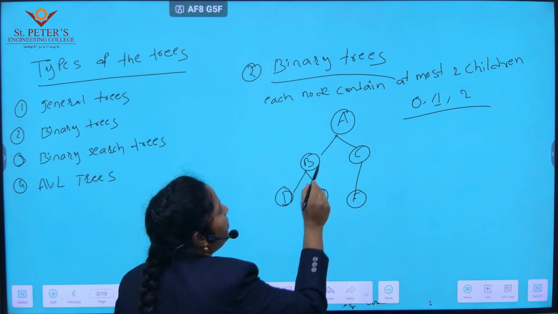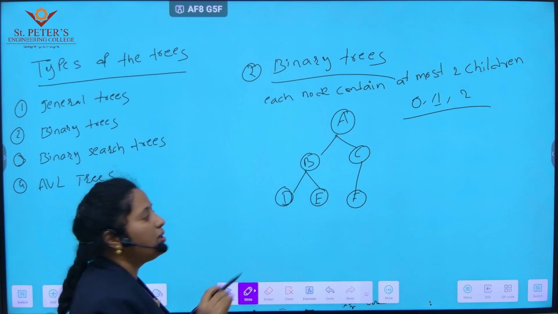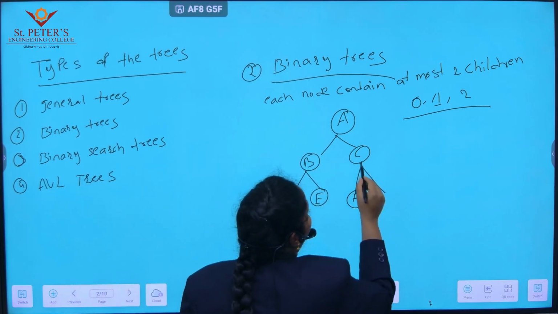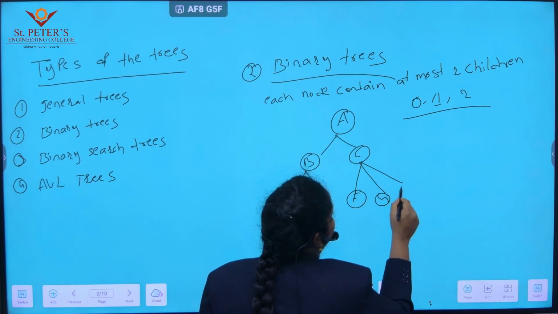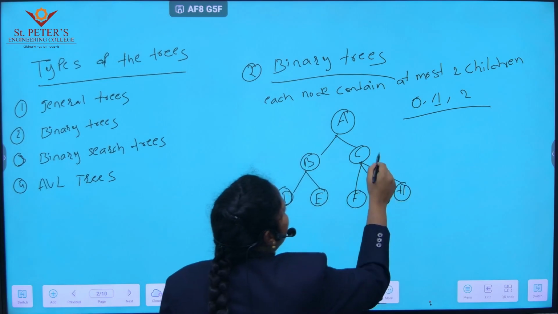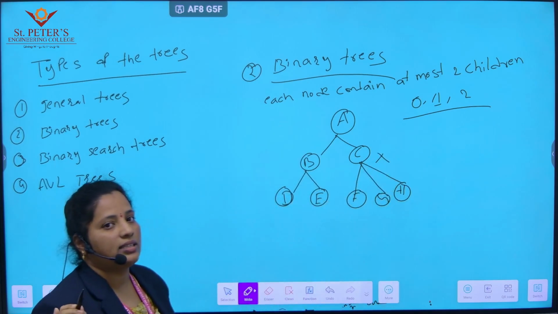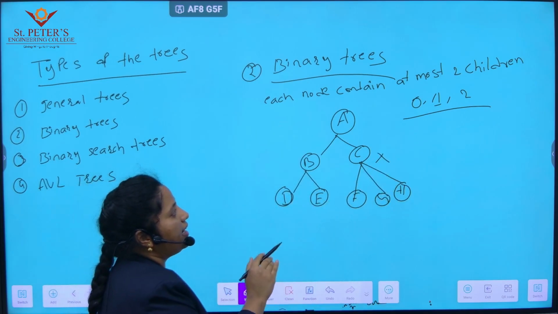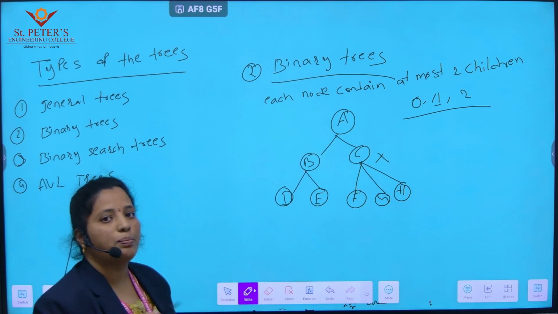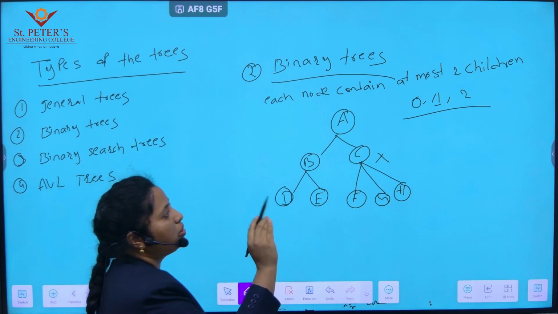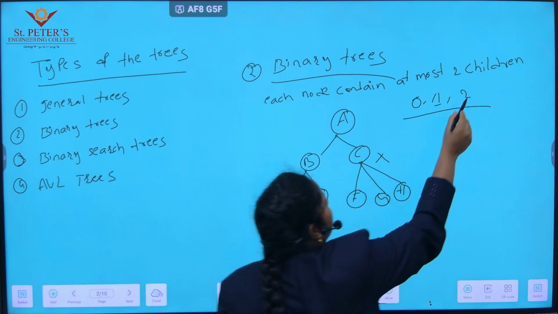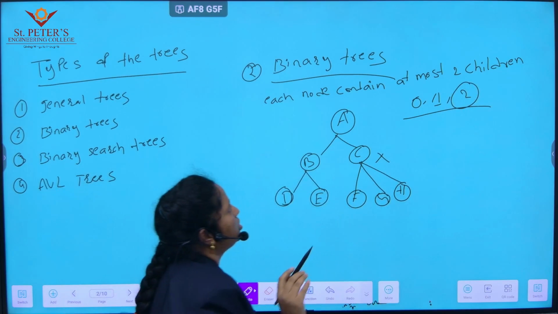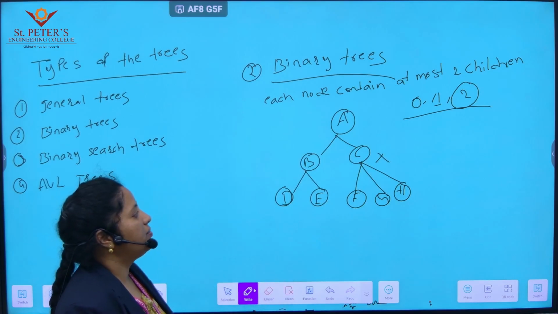So this is a binary tree. If I add two more child nodes here, it is not a binary tree. In a binary tree, each and every node must contain at most two children, 0, 1 or 2, not more than two child nodes. So this is the binary tree.